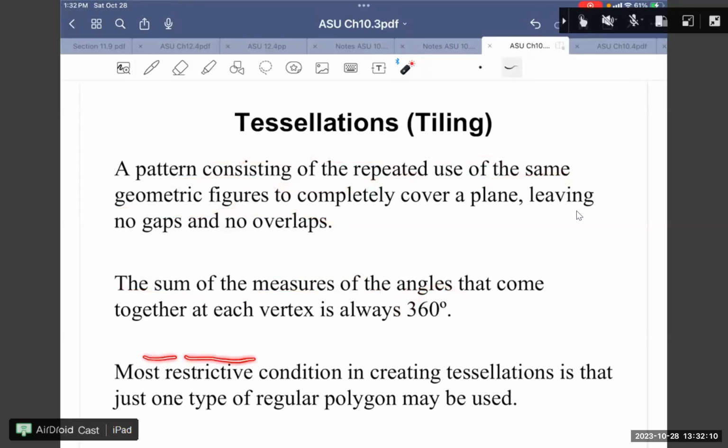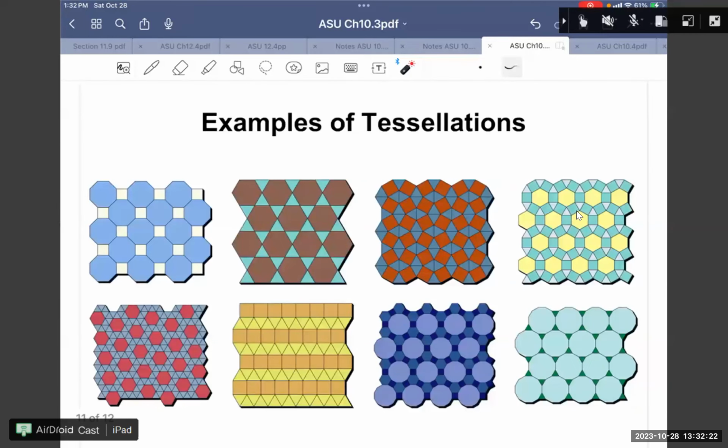More restrictive conditions create a regular tessellation, in which just one type of regular polygon is used.